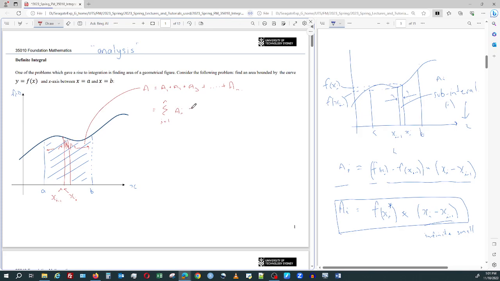And more formally, we can sum this from i equals 1 to n for the aforementioned function values at the subinterval, denoted by the asterisk, multiplied by this ever decreasing subinterval, depending on what we decide on.